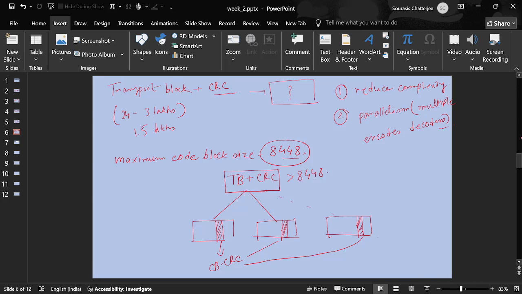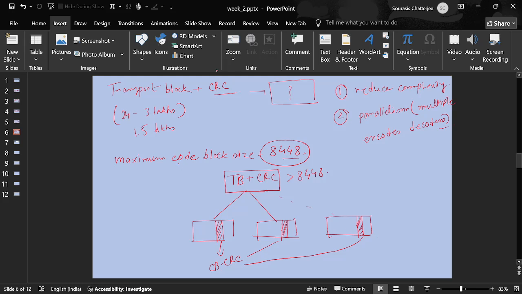If something is missed in TBCRC, it can be caught in CBCRC and vice versa. Okay, so it's like a security implementation at different levels. If the TBCRC check lets potential errors through, they might be caught in CBCRC. That's what you are pointing out. Yes. Okay.